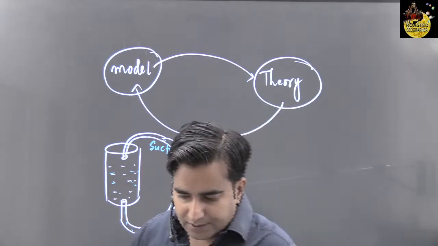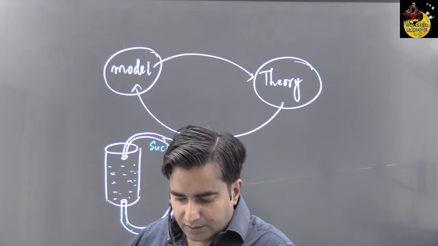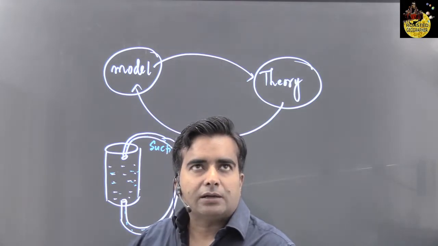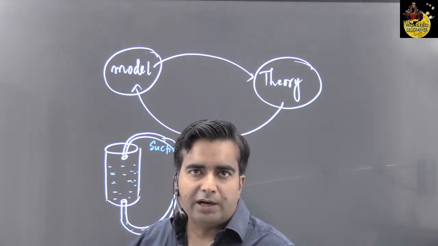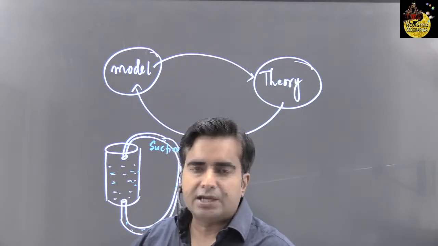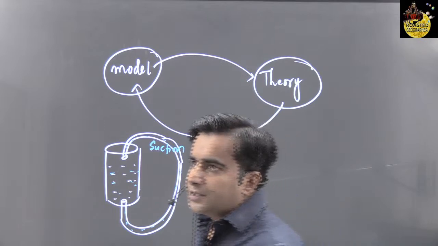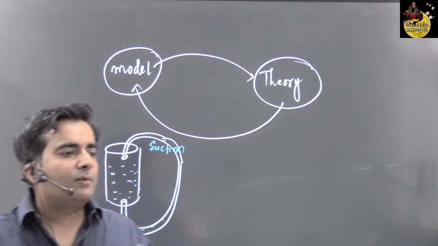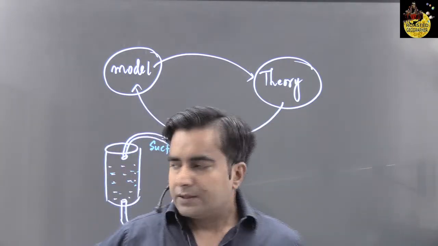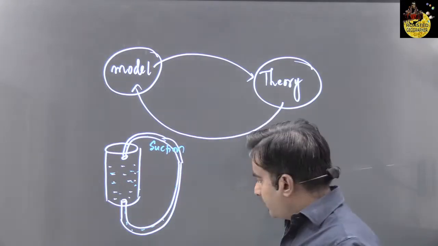Okay. So now whenever we look at theory building or model building, there are certain stages involved. So now we'll be looking at the stages of evolution of models and theories. Okay, up to here I hope everybody is clear.